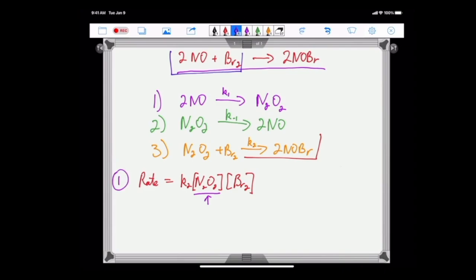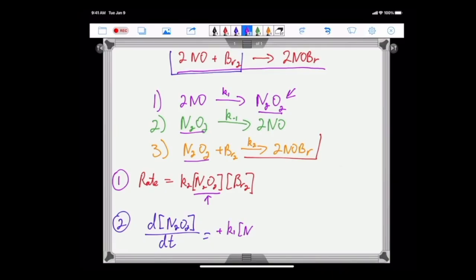Step 2, we need to derive or show some expression, d intermediate dt, where intermediate here is our N2O2, and that is equal to everything that changes its concentration. Now if you notice, the intermediate is involved in this first step. It's formed over here. It's used up in these other steps here. So we're going to have a positive sign. It's going to be plus K1 and how it was formed.